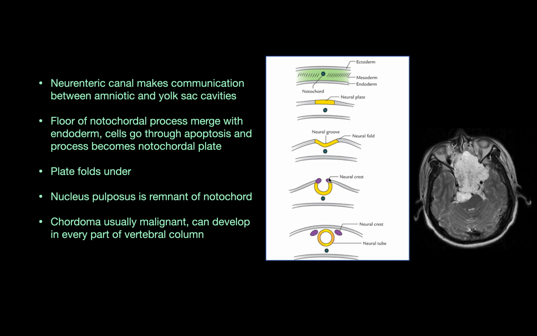Here you go. Here's the neural crest cells. They keep folding, and they will merge, and then right here, this tiny slip between the neurotube and the epiblast will go through apoptosis, and then this will be the true neurotube.